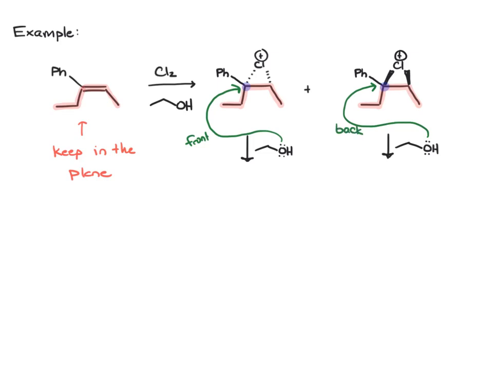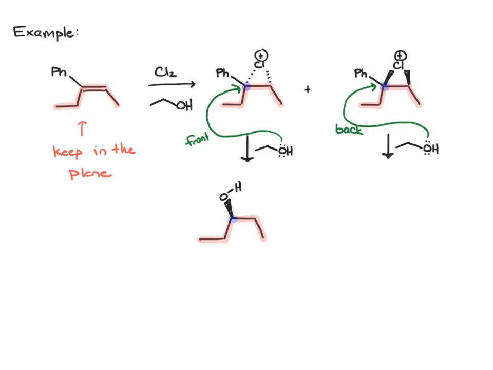So then to draw the product of this step, go ahead and write your main chain, the one I've highlighted in red. That's going to stay in the plane no matter what. So let's keep it highlighted. Now, we know that on this carbon right here, that ethanol is added, and it adds from the front side. So let's put it on a wedge.